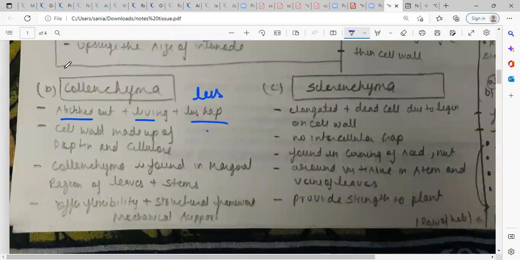The cell wall of collenchyma is made up of pectin and cellulose. It is found in the marginal region of leaves and stems. For example, this is a leaf, so this is the margin. Collenchyma offers flexibility, structural framework, and mechanical support to the plant. Clear?